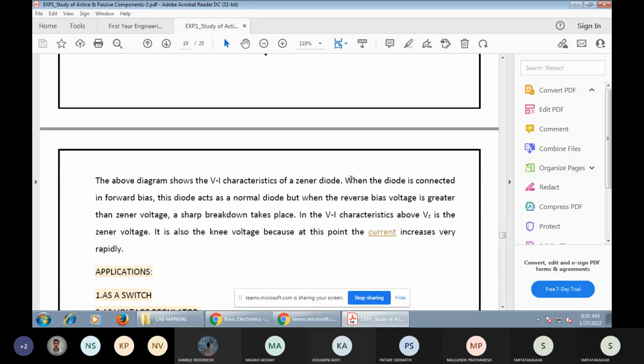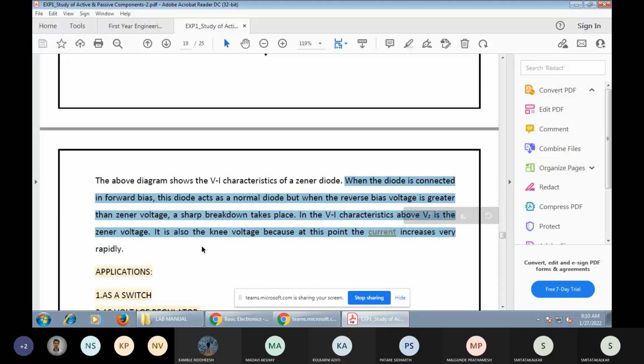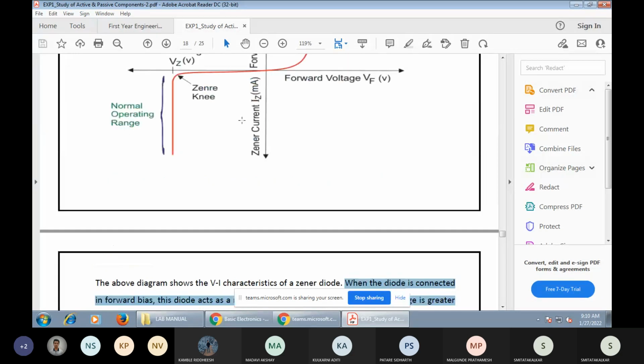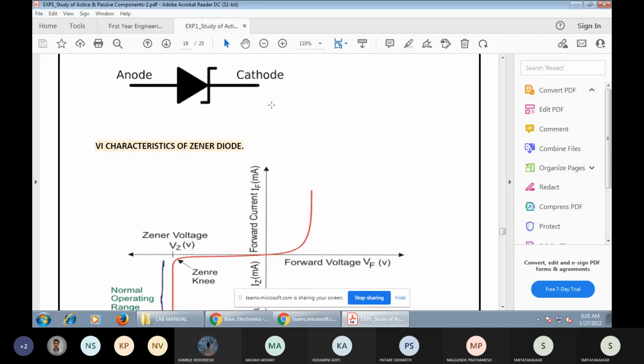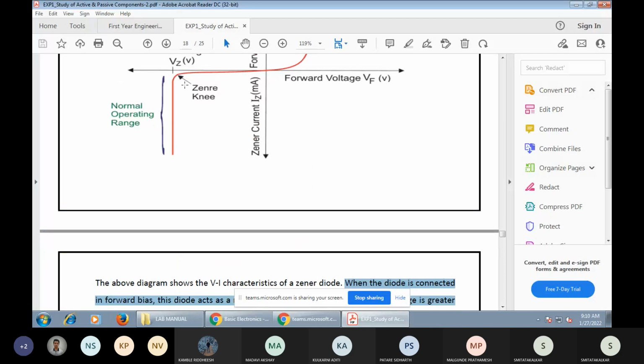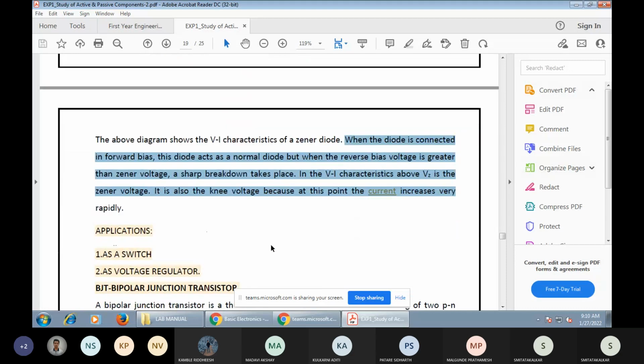In the diagram above, when the diode is connected in forward bias, it acts as a normal diode, but in reverse bias, when the voltage is greater than the Zener voltage, the Zener reaches reverse breakdown and the current increases very rapidly.